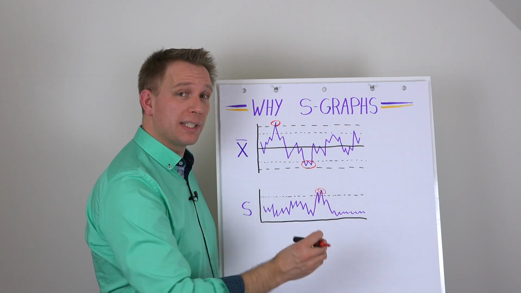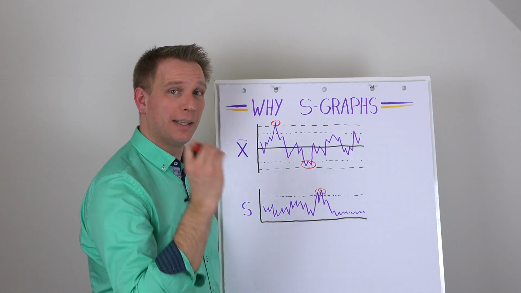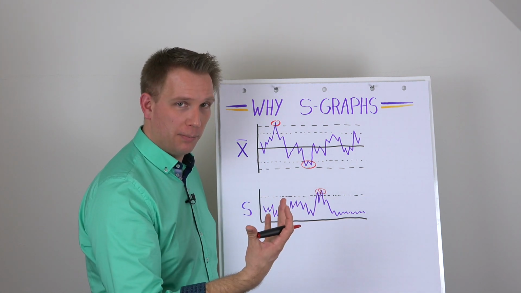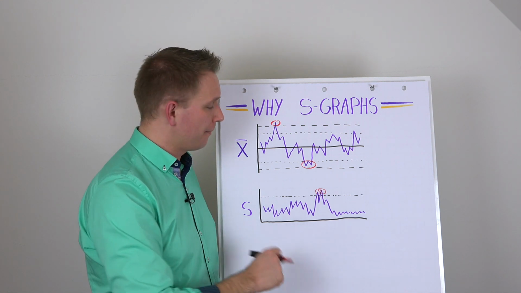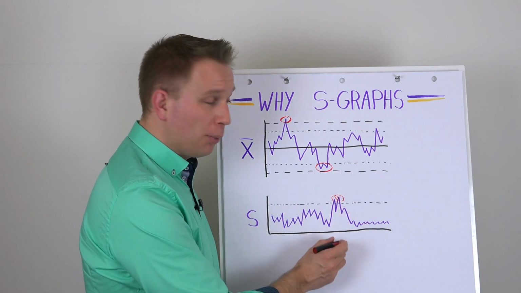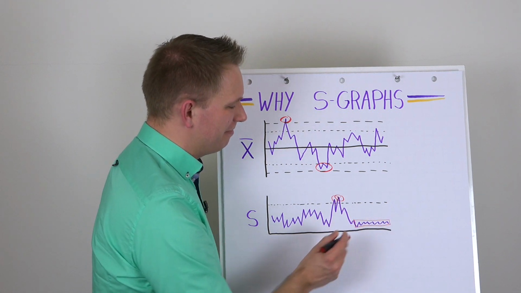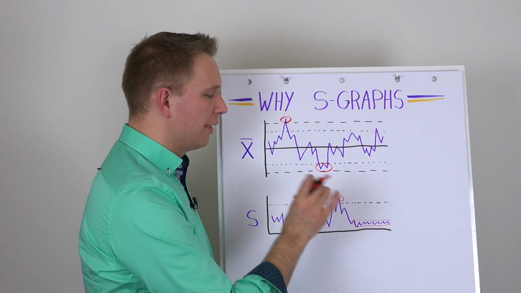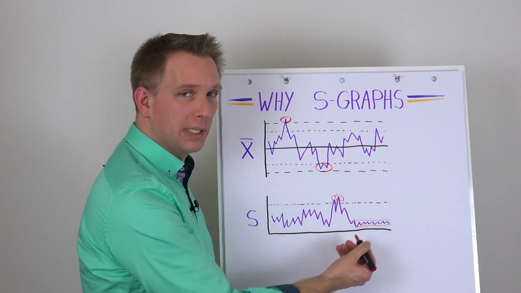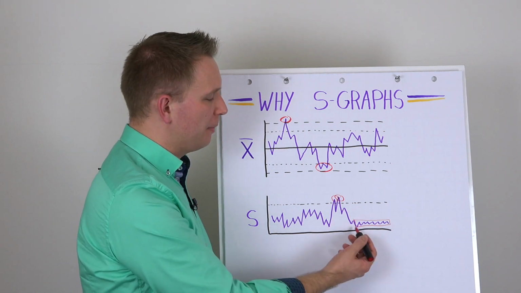But more dangerous is that within a very short time period, where you would not expect any additional spread within the process, no variability, you actually got a very high standard deviation. And the other point that you can have is that for a very long time, and there are no definite rules for how long this is allowed to happen, because generally we don't consider it to be a very big problem.